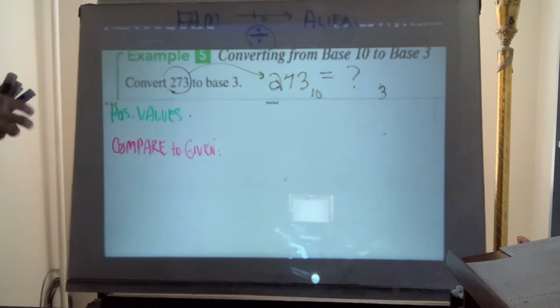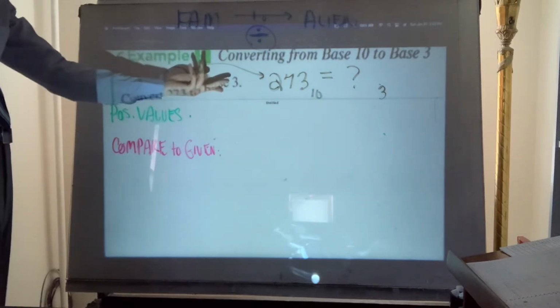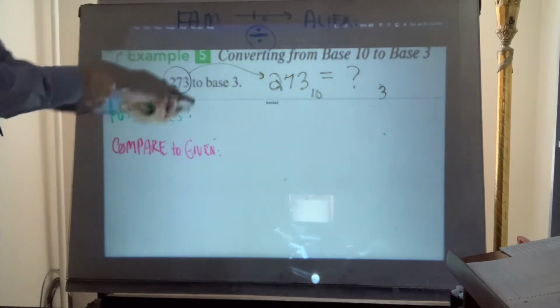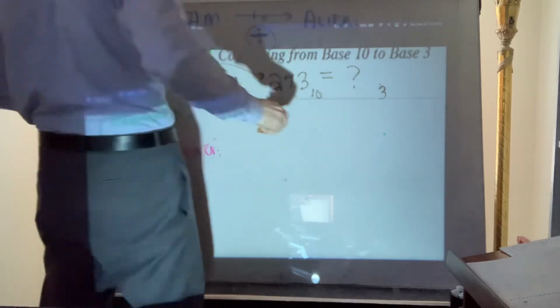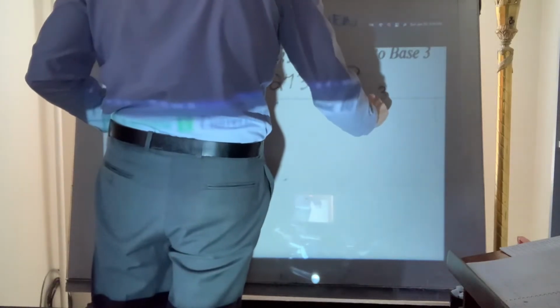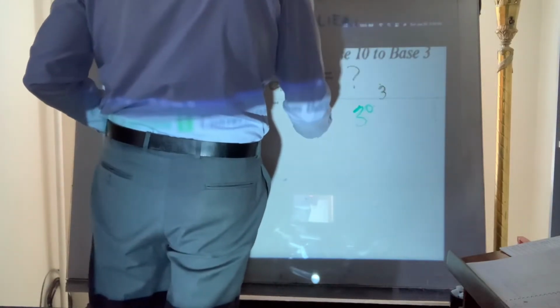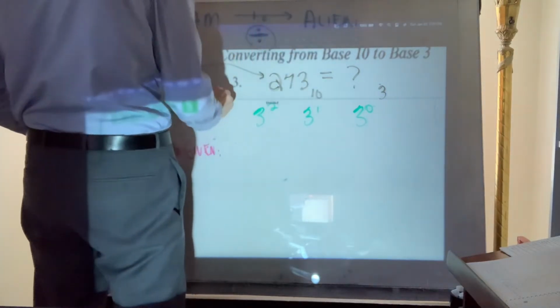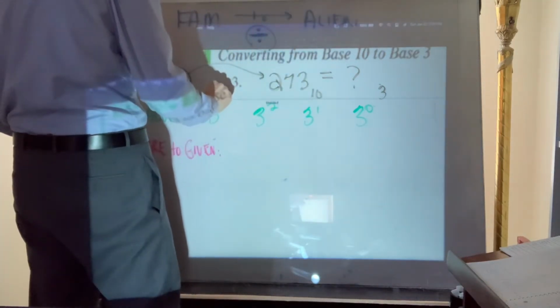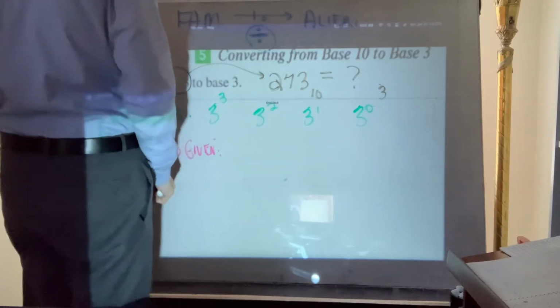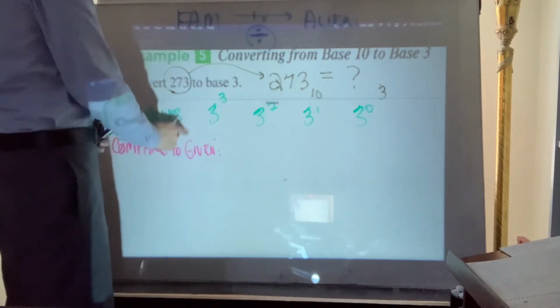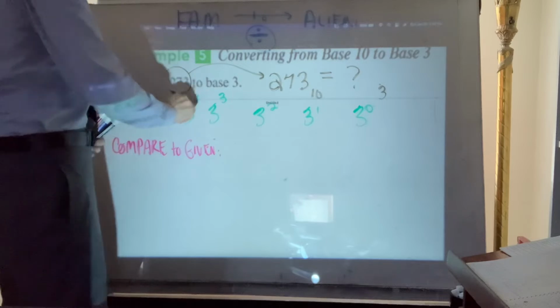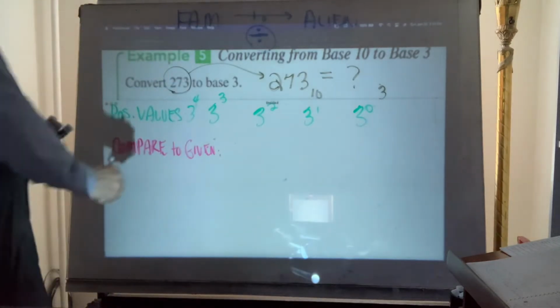We're going to figure out the positional values using base 3s. So throw a few up there to get going, unless you have a reference someplace. 3 to the 0, 3 to the first, 3 to the second, 3 to the third. Might need another one. So I'm squeaking it in here, but 3 to the fourth.